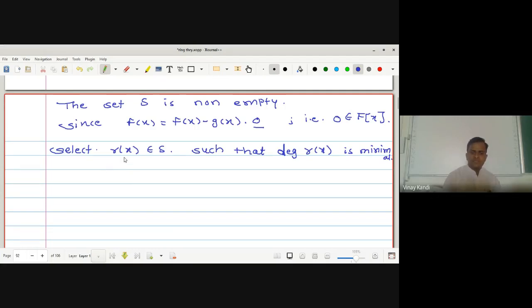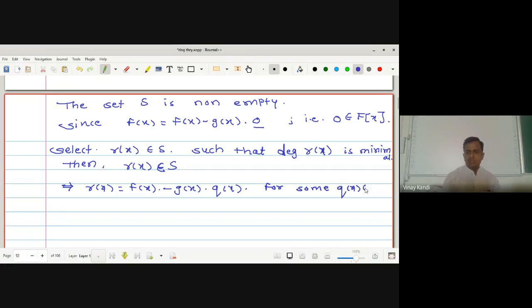I have selected such an r of x from S whose degree is the smallest. The degree of r of x is minimum. Then r of x belongs to S, which implies that if I take any element r of x in S, I can write r of x equals f of x minus g of x into q of x, for some q of x belonging to capital F of x. Any doubt up to here?